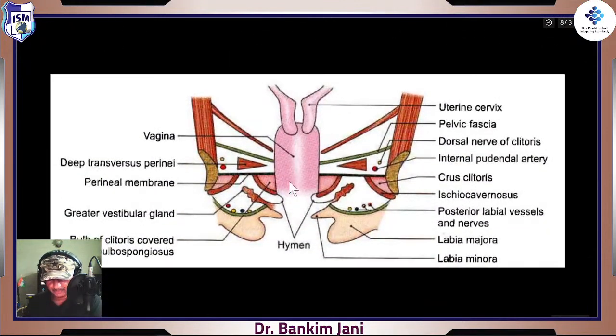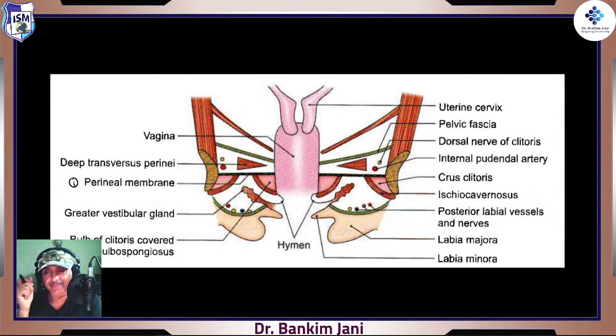Here is one figure which draws our attention, where we need to see four important things. First, the perineal membrane, crystal clear, that's the layer. Above the perineal membrane, we have got the deep perineal pouch.